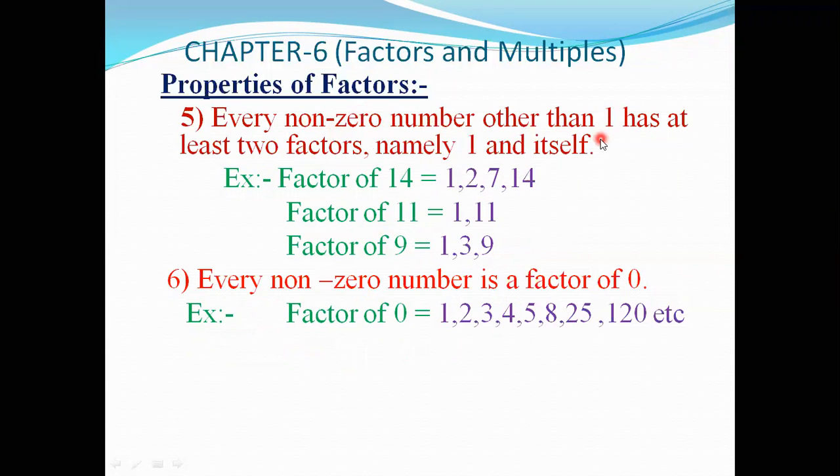Every non-zero number other than 1 has at least two factors, namely 1 and itself. If you want to find the factors of any number, two factors must be taken: the first is 1 and the second is the number itself.